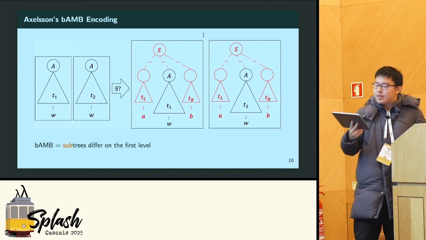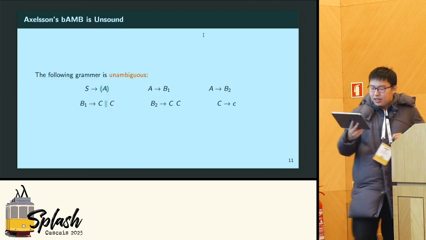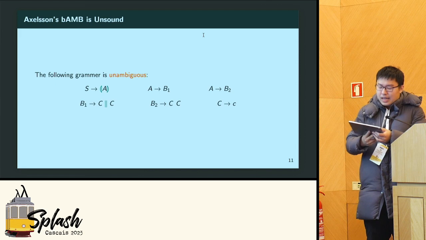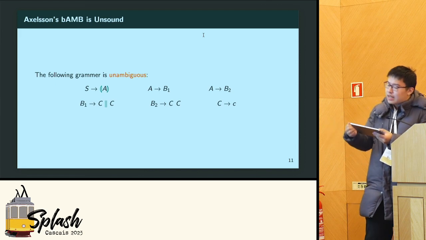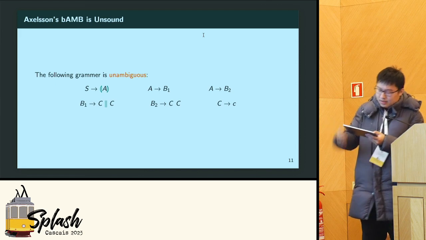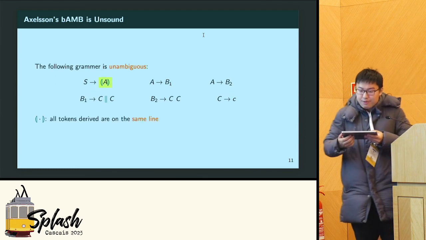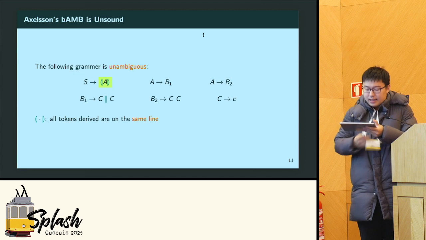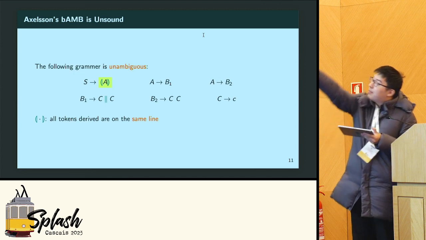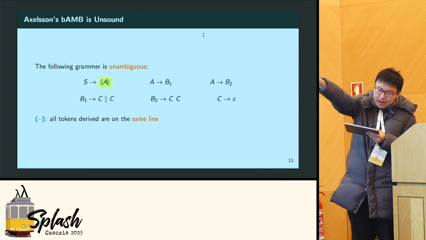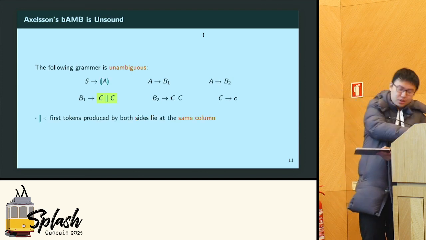So let's start with an example grammar here. This grammar is not ambiguous, and it has 6 production rules and starts with the symbol S. The rule S to A requires that all tokens derived from A lie on the same line. A derives to B1 and B2. B1 contains an alignment restriction.